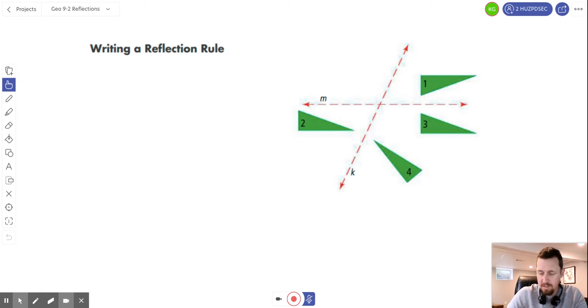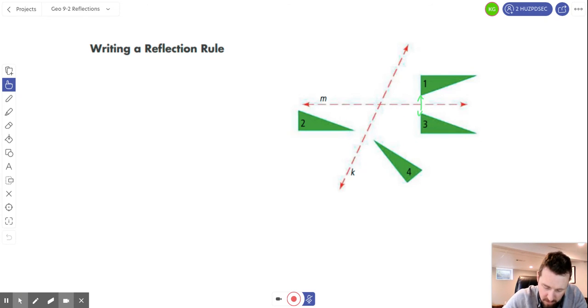So we have 2 lines and 4 images, and in this case, we can see that the easier one to see is that 1 is a reflection of 3.